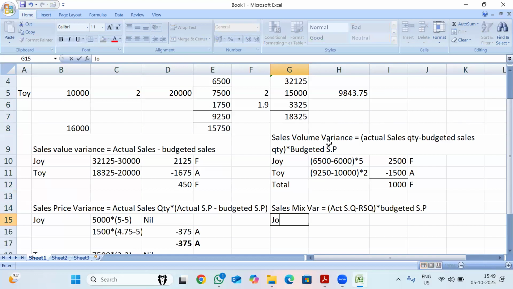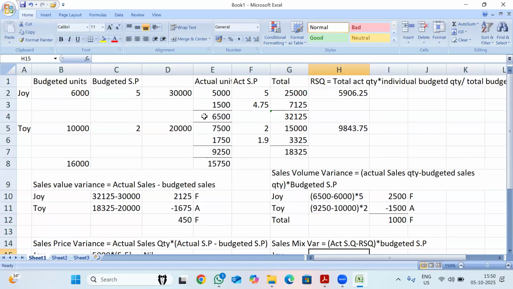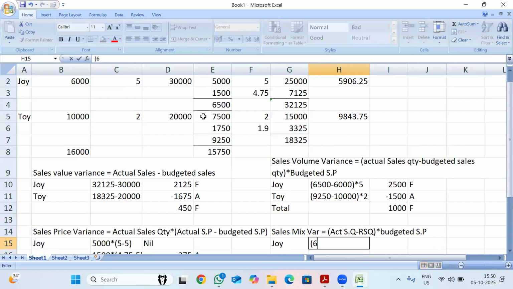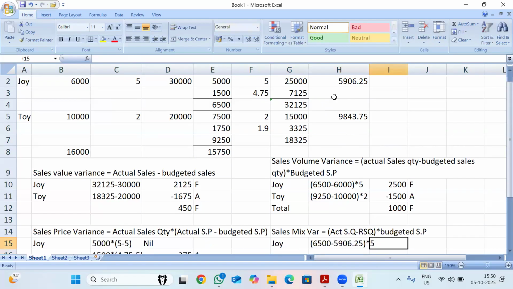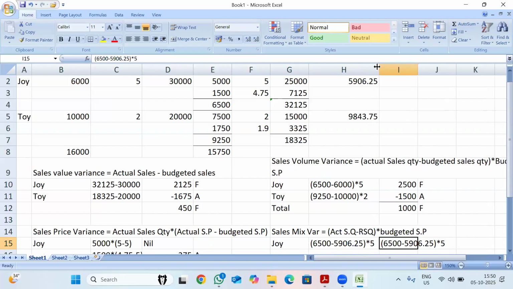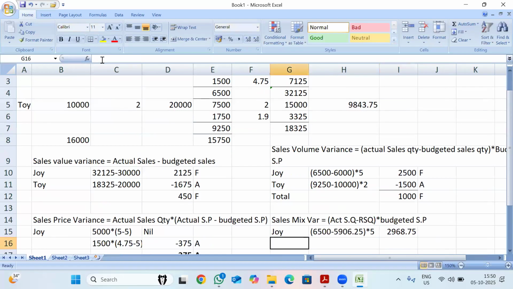So for Joy, my actual sales quantity is 6,500. My RSQ is 5906.25 into my budgeted price, which is 5. So I will be getting 2968.75 favorable.